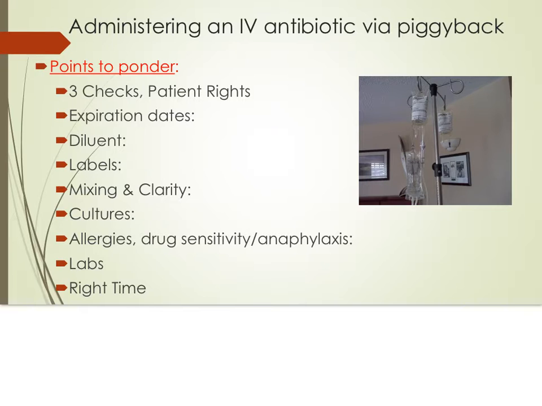Confirm that the drug manufacturer's recommended diluent was used to reconstitute the medication, if applicable, and what storage requirements there are for the medication. Make sure to check all labels to confirm IV use is listed on the label. Make sure solutions are well mixed with no cloudiness or floating particles. Make sure any ordered cultures are sent before starting antibiotics.